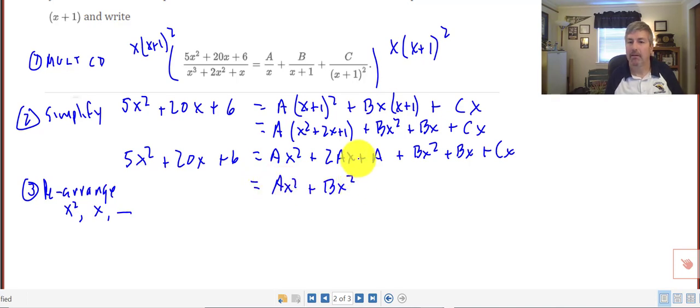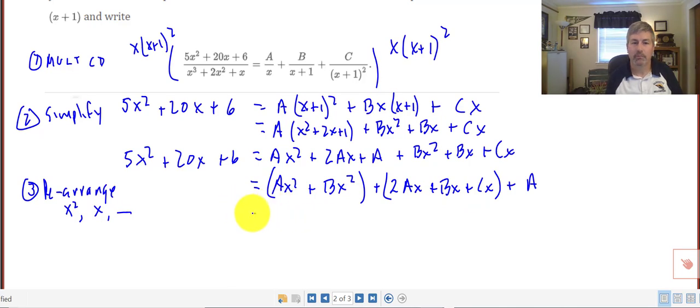And my x's, I've got plus 2ax plus bx plus cx. And then I have plus a. To make this a little bit easier, I will use some parentheses here to show my three groups. So I've rearranged: I've got my x squareds, my x's, and my constant.